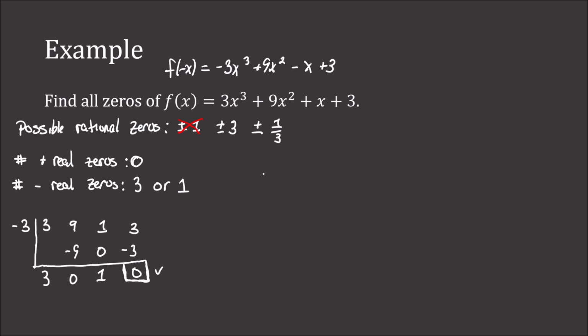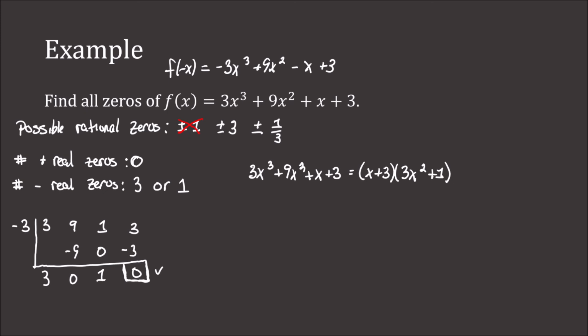So we can write 3x cubed plus 9x squared plus x plus 3 as x plus 3 times 3x squared plus 1. We're at a quadratic, so we're done.